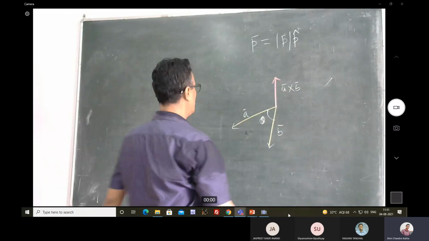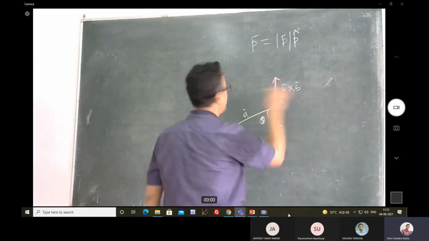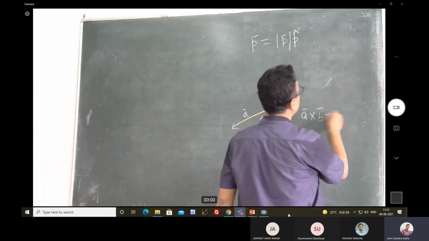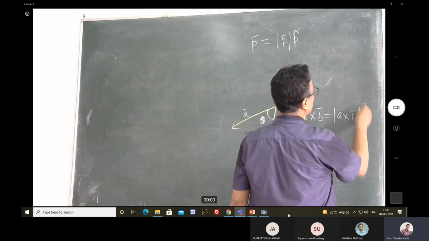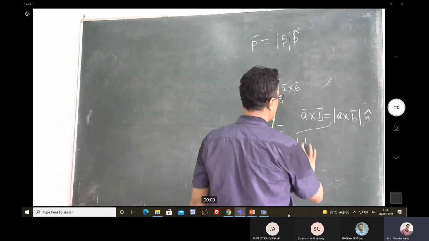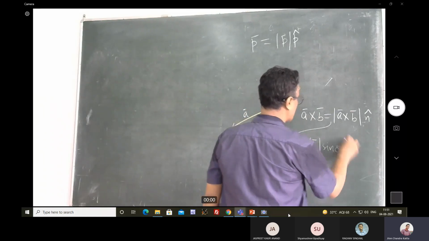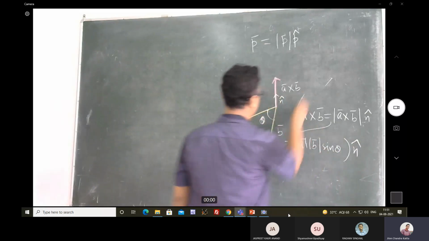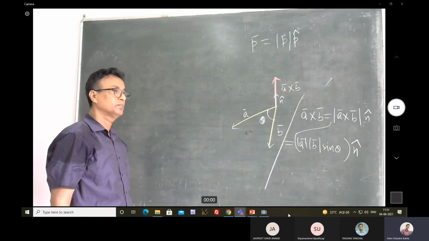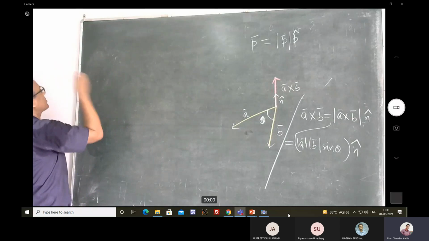So if I consider a unit vector n cap along A cross B, then A cross B is simply the magnitude of A cross B into n cap. And you know that the magnitude of A cross B is given by this, so I can write this as this. Is it okay? Fine? Okay, so now let us quickly go into that.